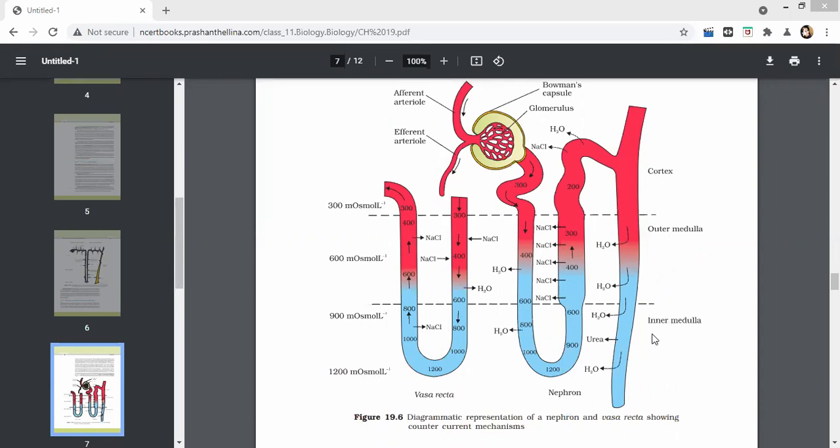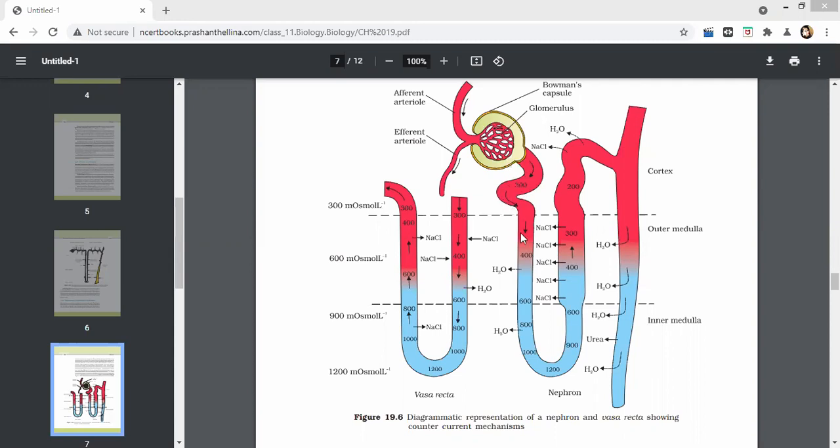When the filtration takes place at the glomerulus, the filtrate enters the PCT, and at that time in the cortex region the concentration will be 300.